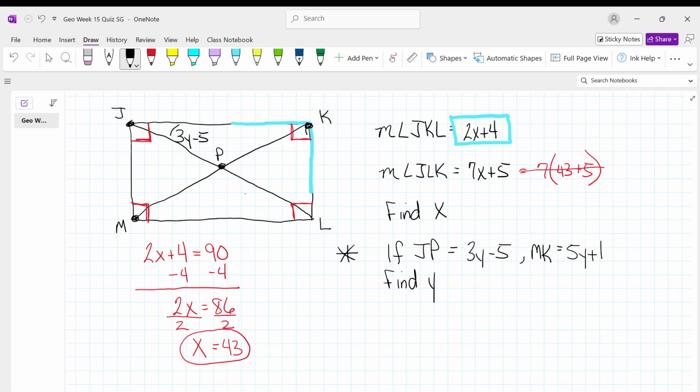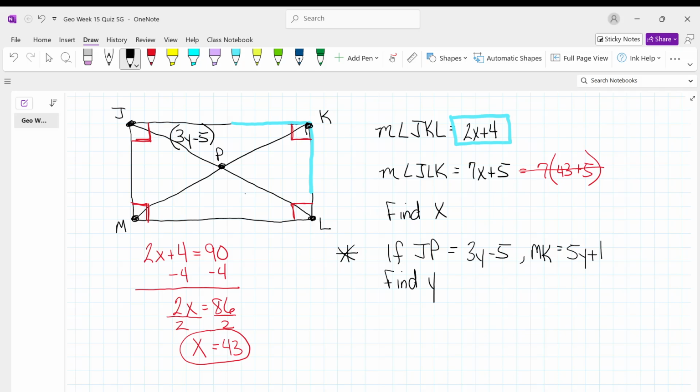So this piece right here, J to P, if we multiplied it by 2, it would give us J to L. Agreed? J to P times 2 would give us J to L, the entire diagonal. And the diagonals are congruent to each other.